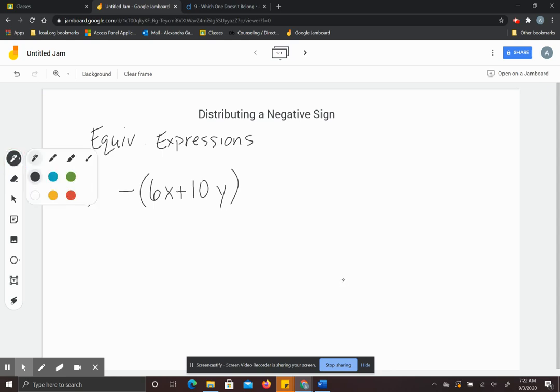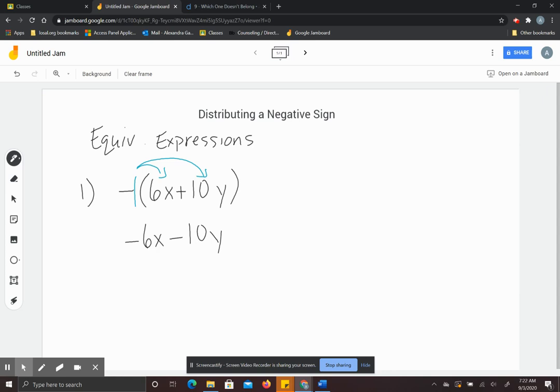So this negative sign is actually having a -1, and when we distribute, what we're doing is saying, I have a -1 here, and I want to multiply it to each term in my parentheses. So I'm going to get -1 times 6x, so I'm going to get -6x, and then -1 times a positive 10y, so negative and a positive, so -10y.